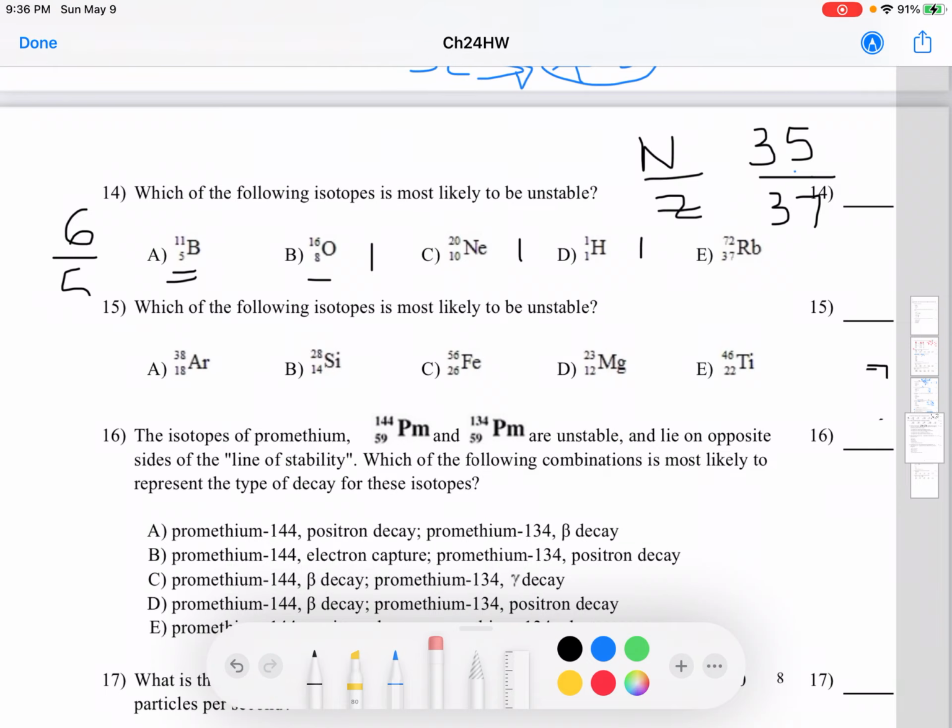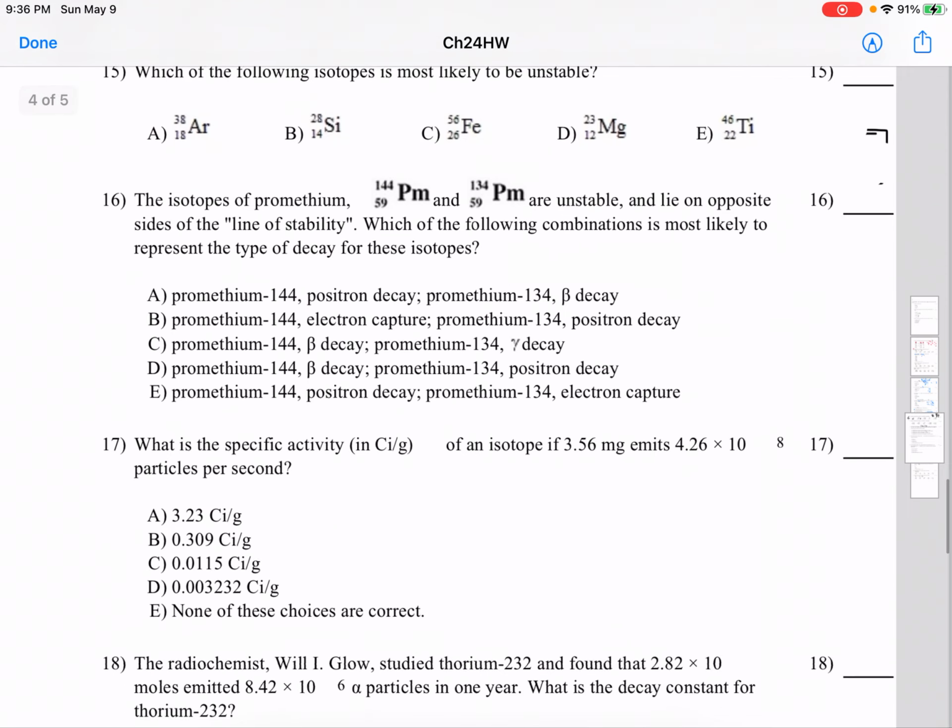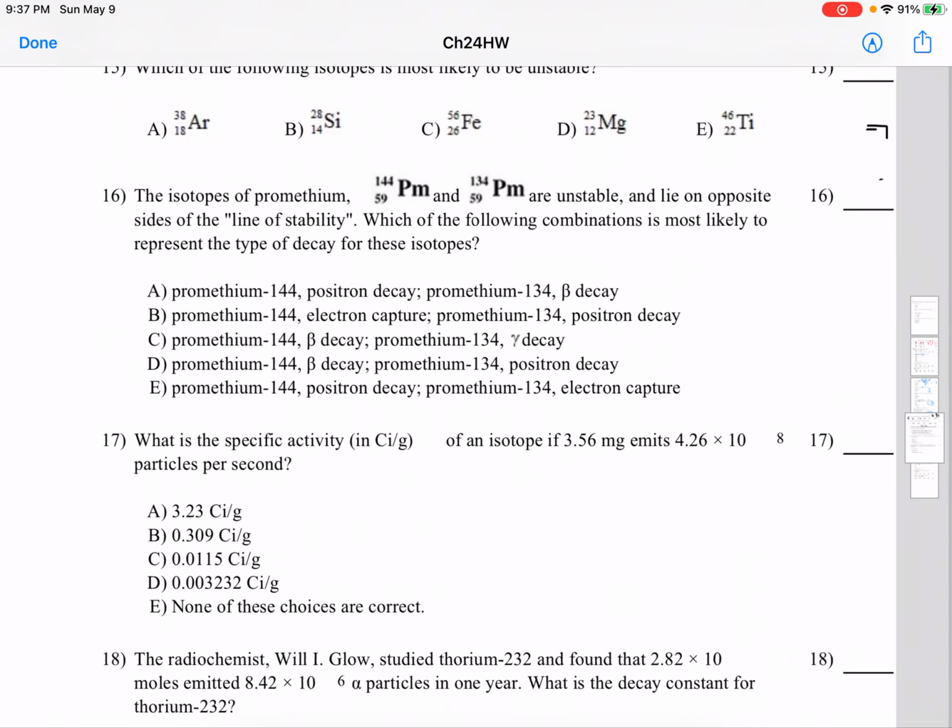Okay. The next one, isotopes of promethium, Pm, these two guys, 144 and 59, are unstable and lie on opposite sides of the line of stability. Which of the following combinations is most likely to represent the type of decay for these isotopes?